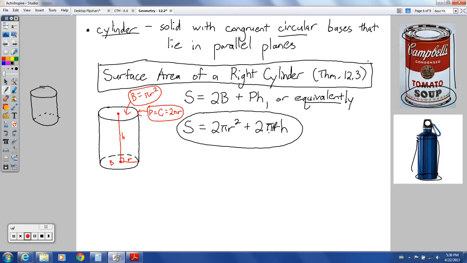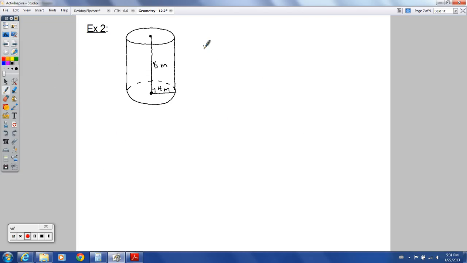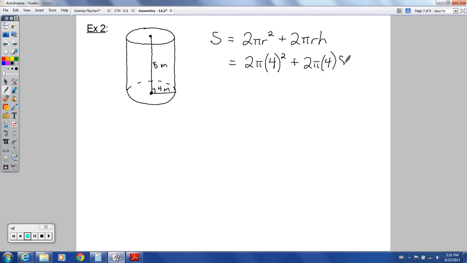I'm going to use this instead because that's how I really need to plug things in. So I have S equals 2 pi r squared plus 2 pi r h. From there, plug in your values. You've got your radius of 4, and you've got your height of 8. So that's a pretty straightforward problem once you know what the equation is.